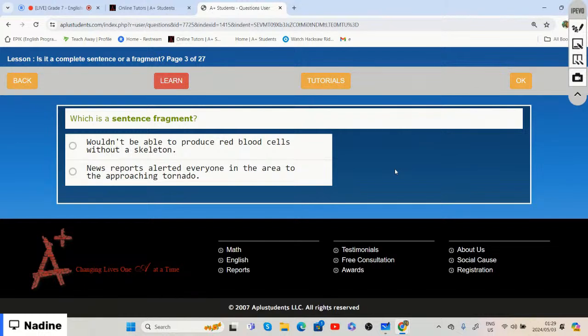Now we need to select the sentence fragment. Remember, a sentence fragment is where it is missing something. It can either be a subject that is missing, a verb that is missing, or a helping verb that is missing within that sentence.